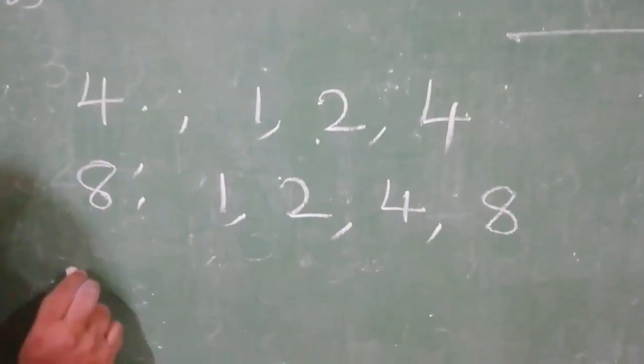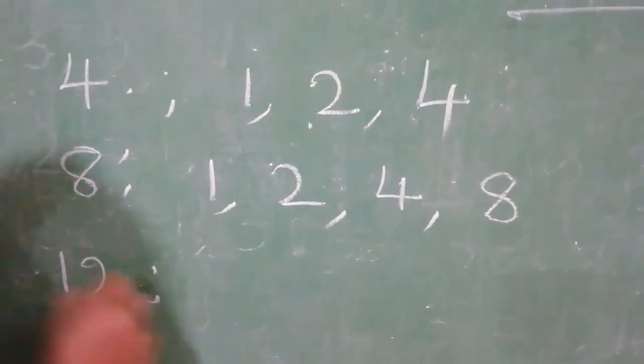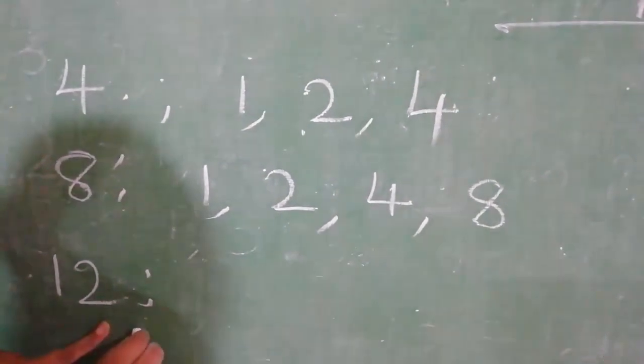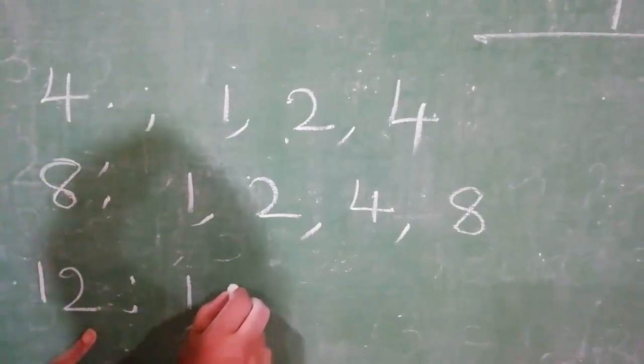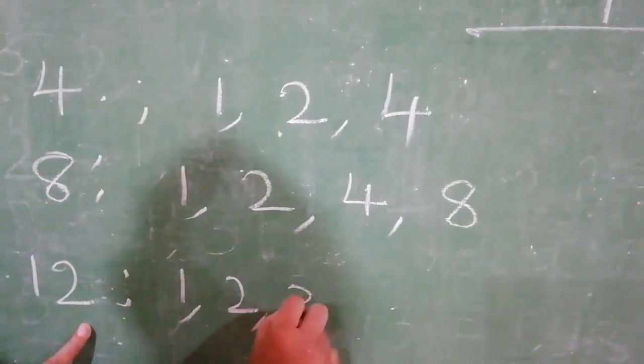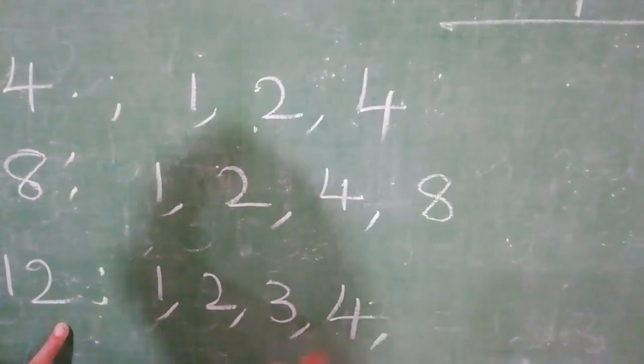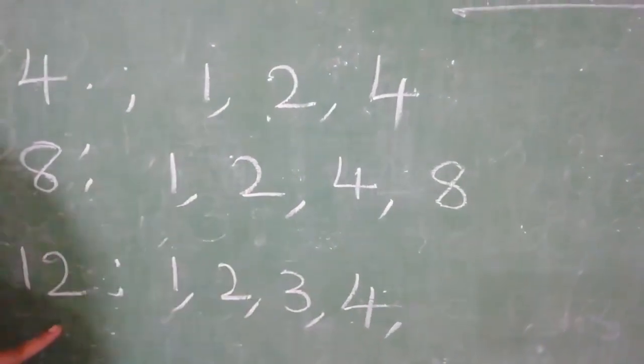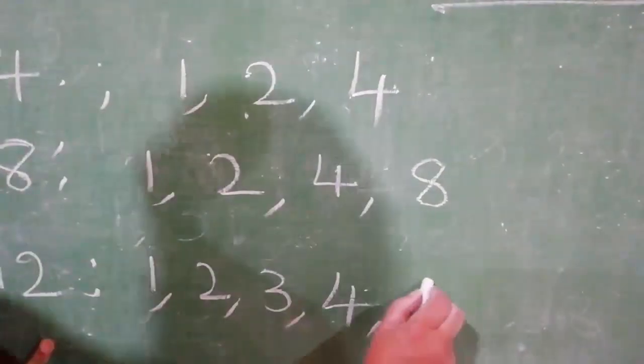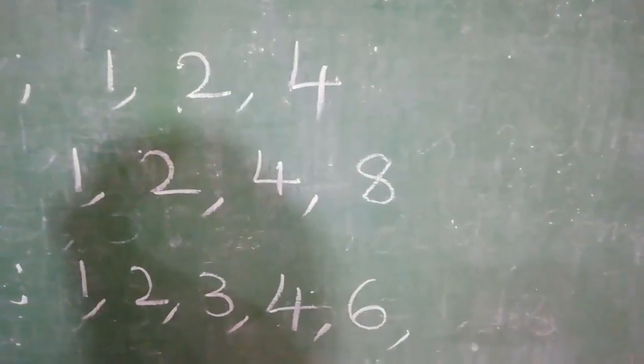Next, 12. What are the factors of 12? 1 12 is 12, 2 6s are 12, 3 4s are 12, 4 3s are 12, 6 2s are 12, and 12 1s are 12.